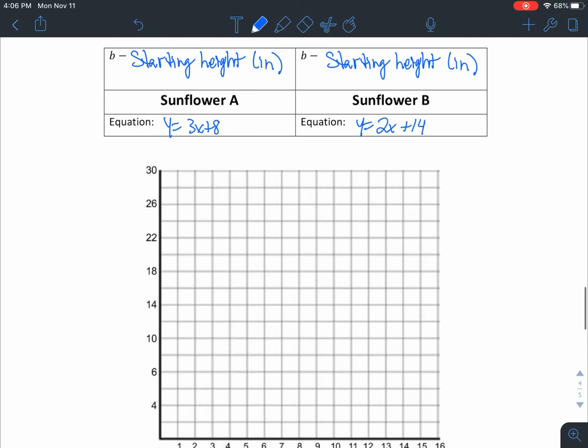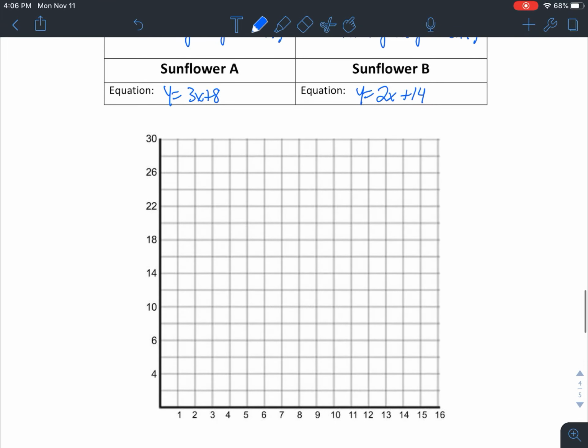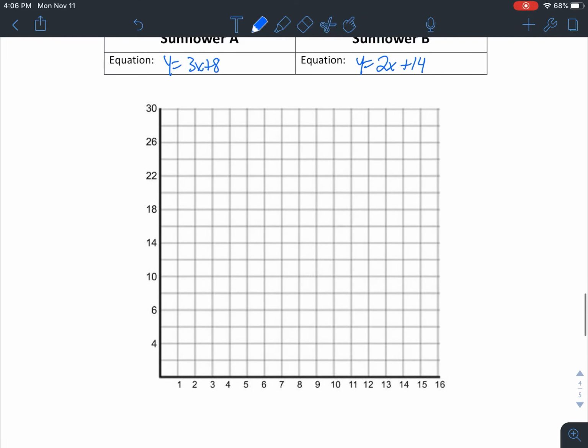All right, looking on the back side, we want to graph these to see where they intersect, because we're trying to figure out the solution to this system. Without just guessing and checking and plugging stuff in, solving by graphing is the easiest way to do that. We graph my two lines, and the point where they intersect is a solution to each of the two equations.